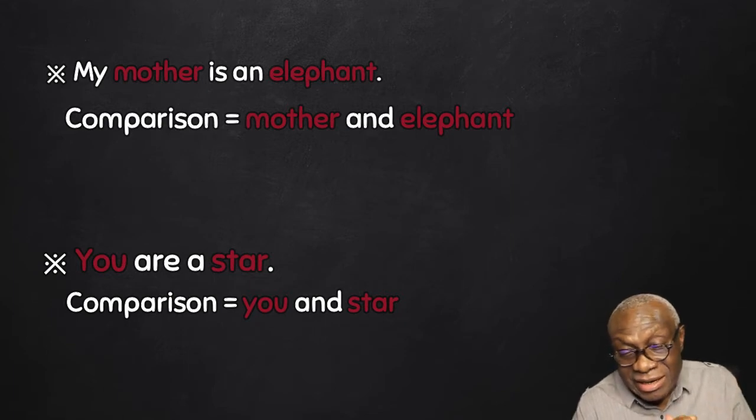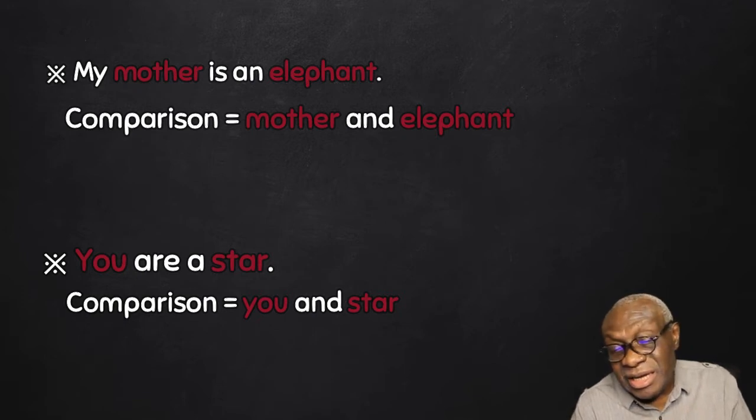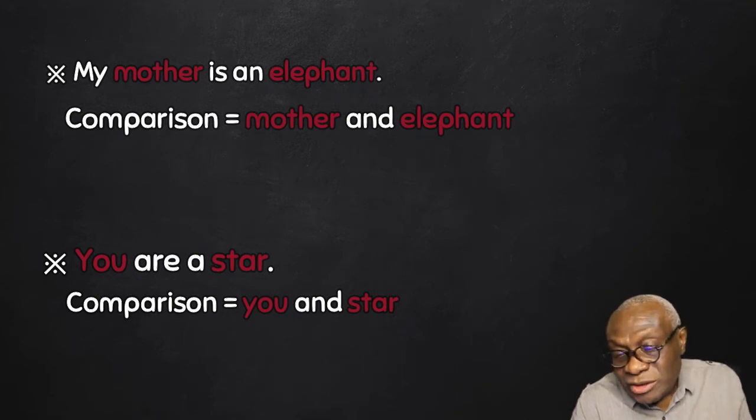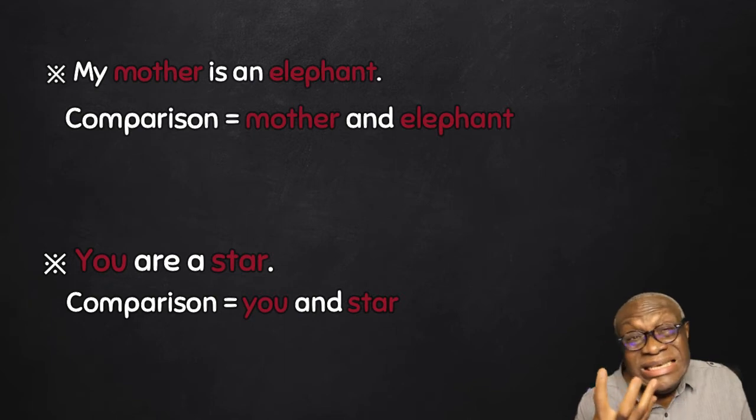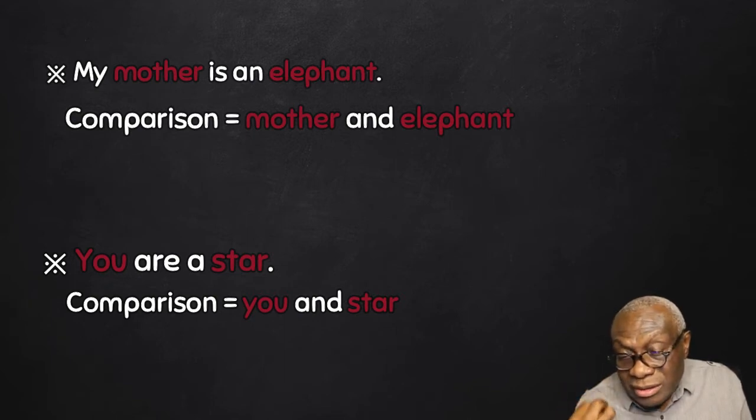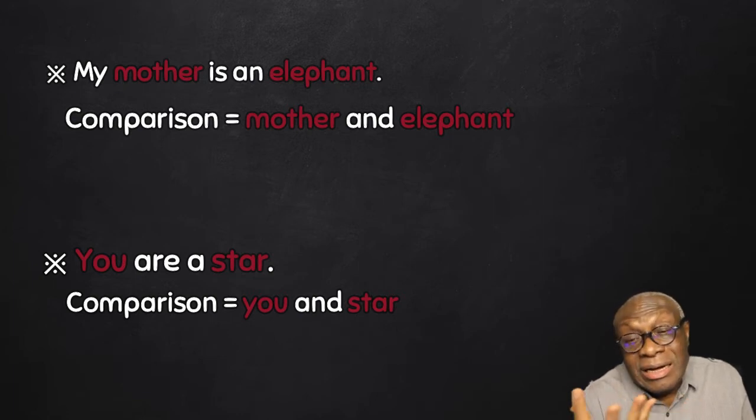And as I said earlier, comparison is very, very important in language analysis. Another important thing I'm introducing today is imagery, or the vision. So we saw that mother and elephant were being compared. Now that's a comparison, but then we were able to see in our minds what mother looked like, because we could picture an elephant.